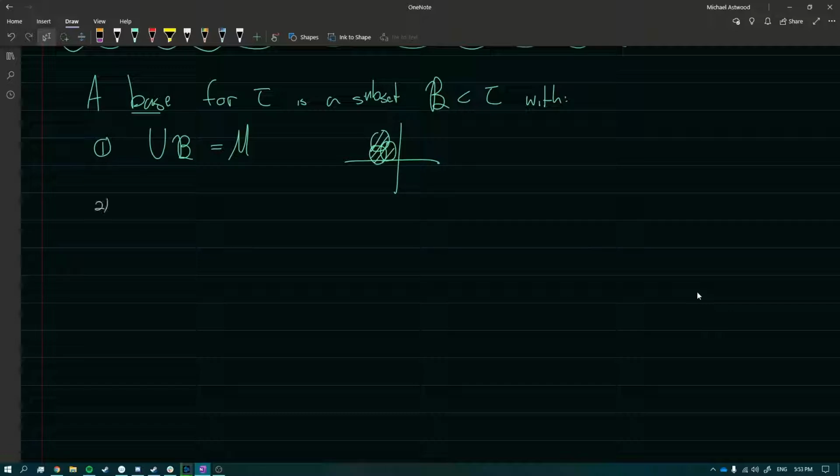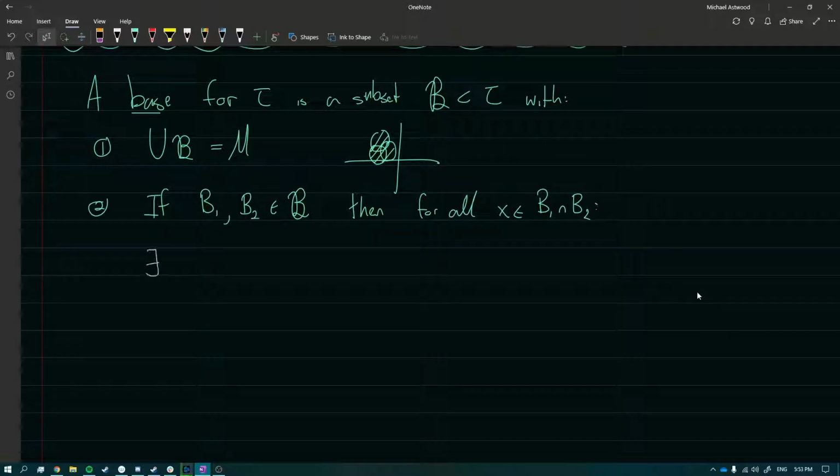And second of all, this one is going to be a little bit more complicated. So let's say B1 and B2 are basic open sets, then for all x in their intersection, we have the following property.